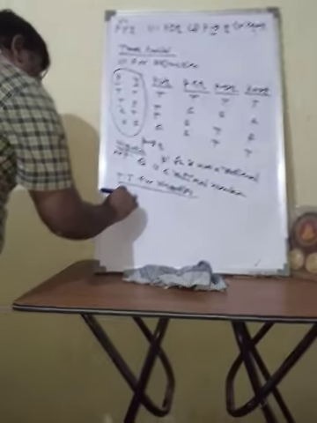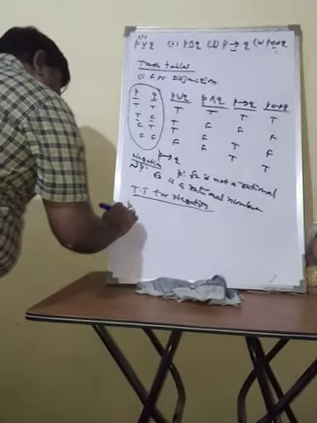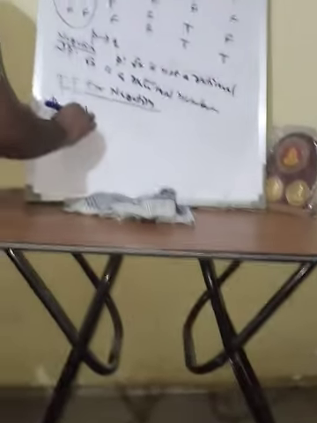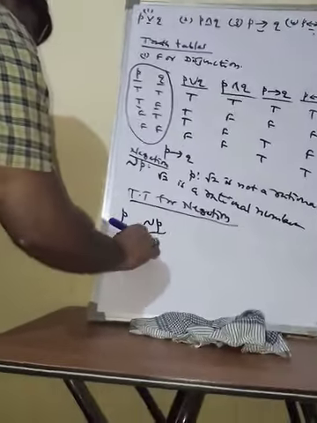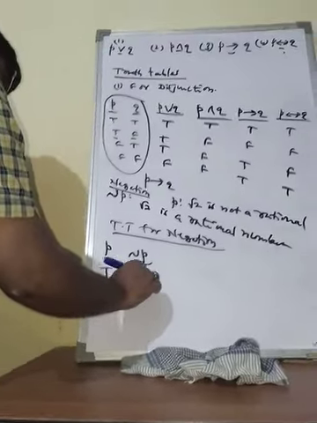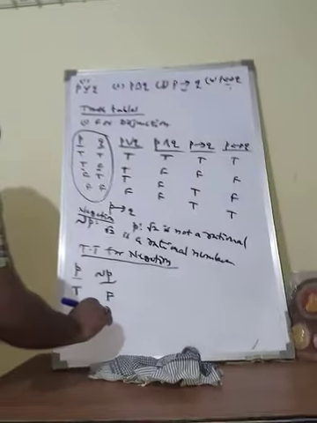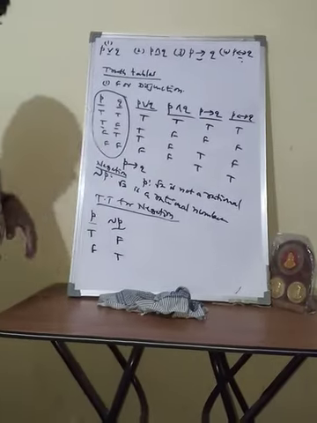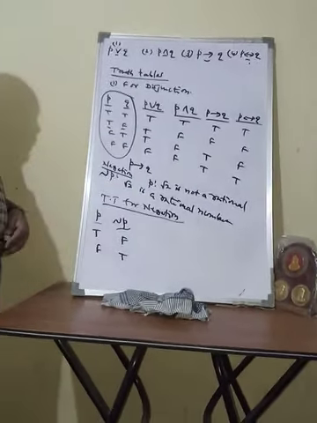P has possibilities: one is true, one is false. If P is true, negation P is false. If P is false, negation P is true. The negative of a given proposition is called the negation of the proposition.